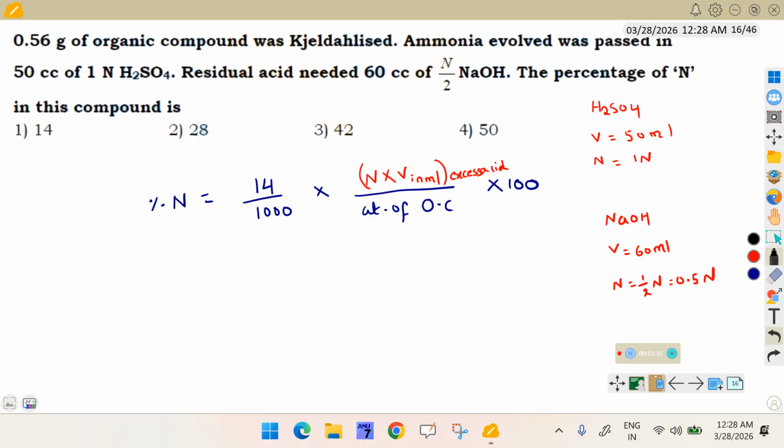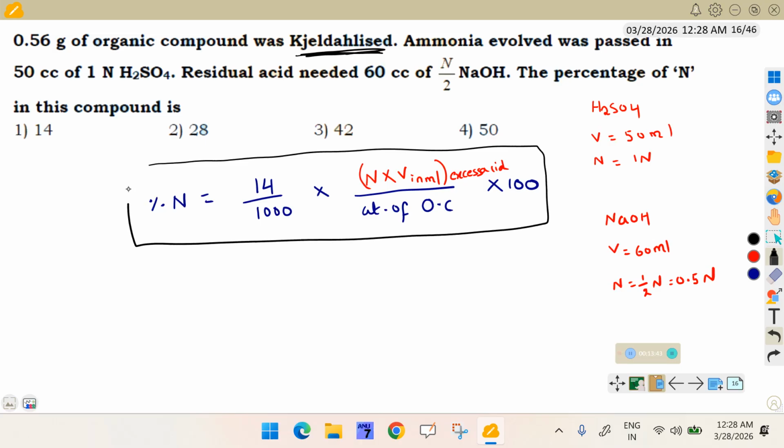0.56 grams of an organic compound was subjected to Kjeldahl's method. In Kjeldahl's method, the percentage of nitrogen is calculated using the formula: percentage of nitrogen is equal to 14 by 1000 into normality into volume of excess acid, divided by the weight of the organic compound, into 100.